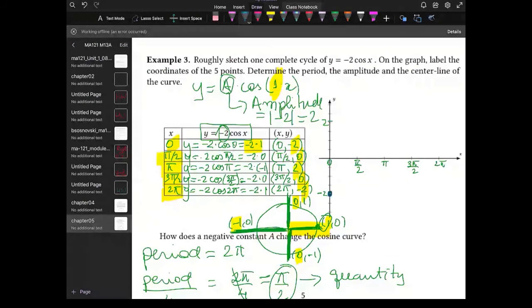And then I have pi over 2, 0. And then I have pi with 2. And then I have 3 pi over 2, 0. And then I have 2 pi with negative 2. Okay? So the smooth curve is something that looks like this.